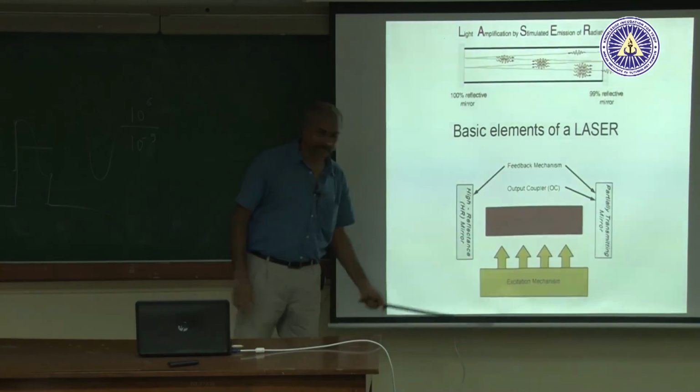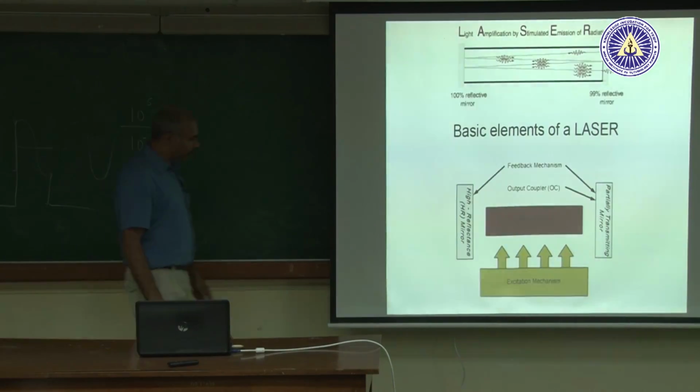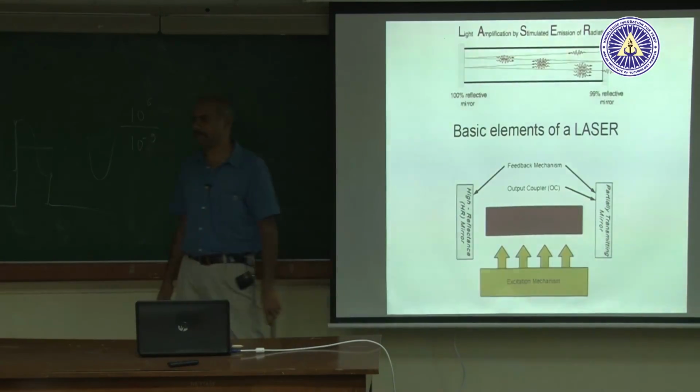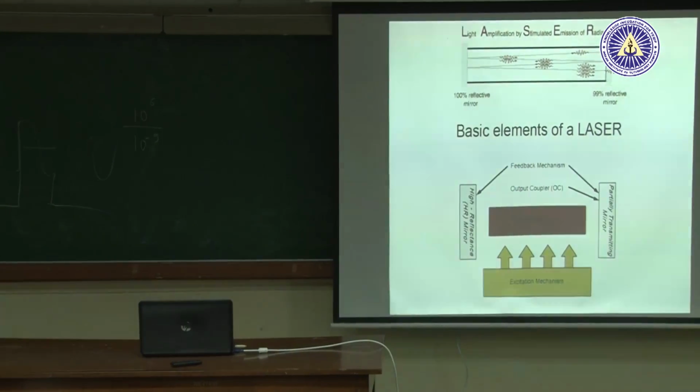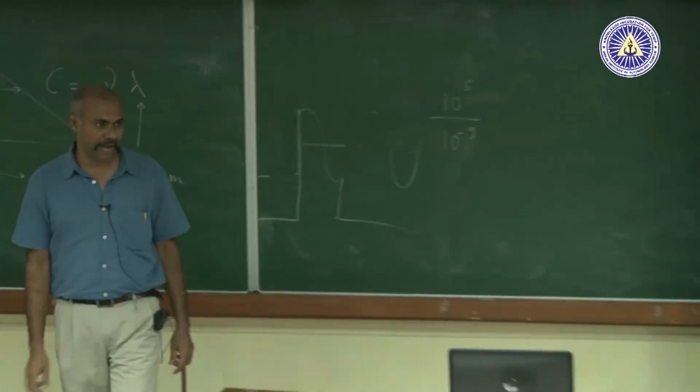Of course, none of this comes for free. Imagine putting mirrors, and then you are getting a lot of laser out. Somebody has to put energy, which you will extract out as coherent energy. So you require some excitation mechanism. Excitation mechanisms are all kinds, all the way from what happens in a tube light, which is some kind of a discharge setup. Electrons are putting energy into the atoms.